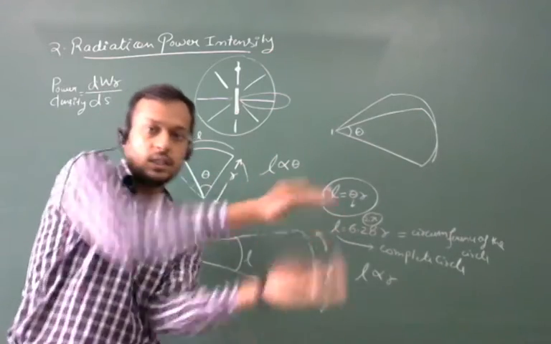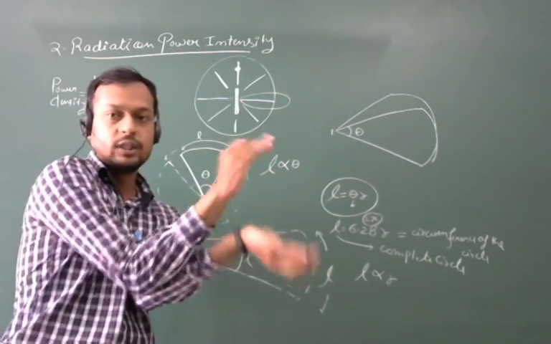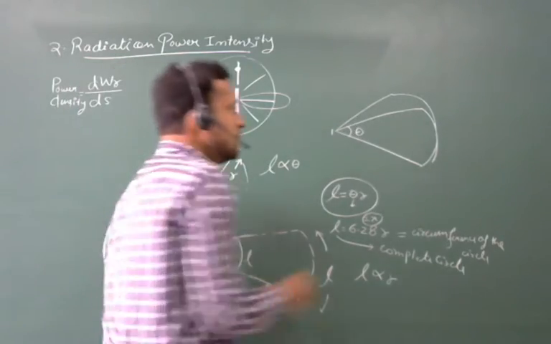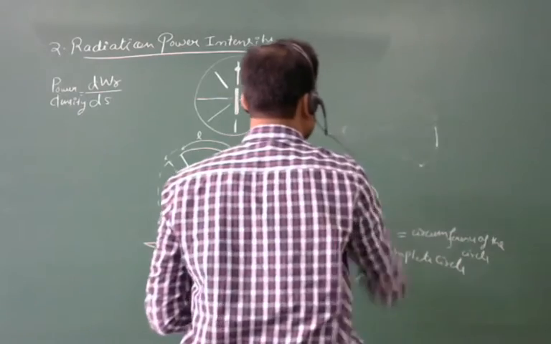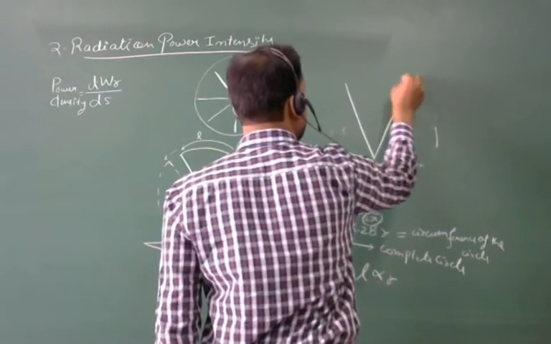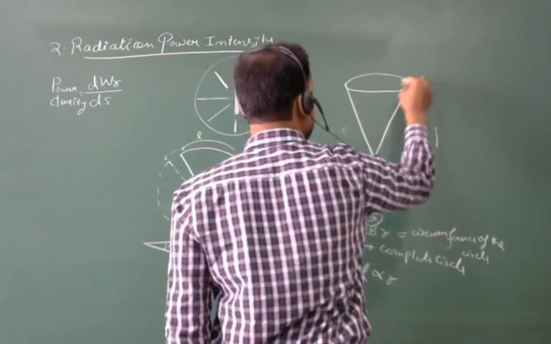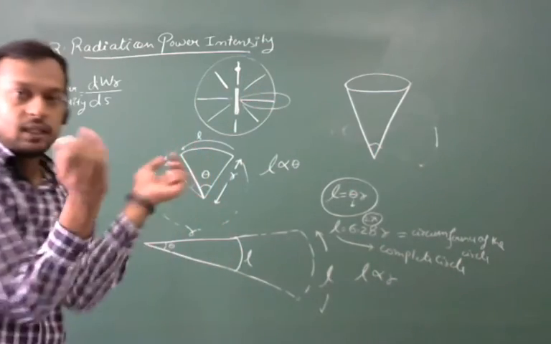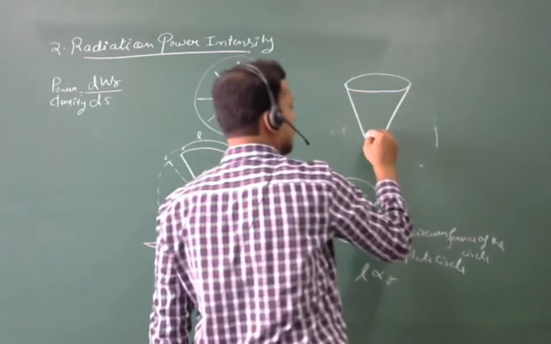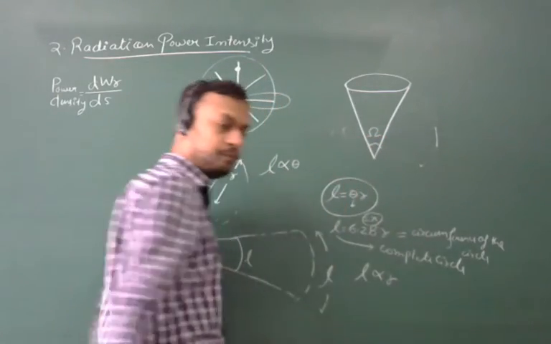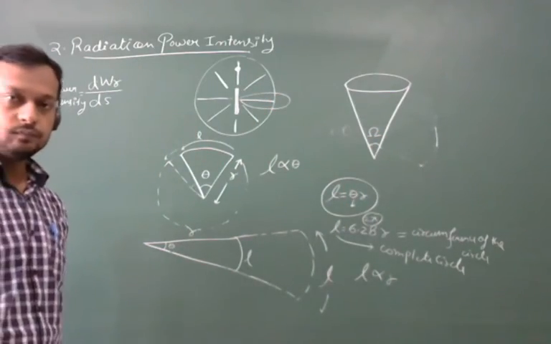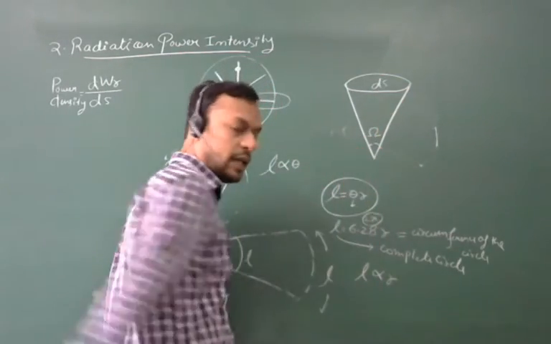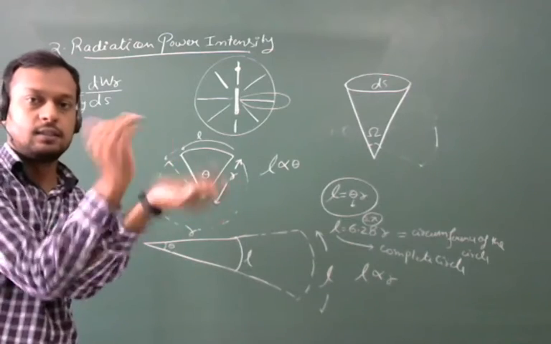Both. So a complete cone, like a conical shape, but not having a flat surface; the surface is curved. This opening is called the solid angle.